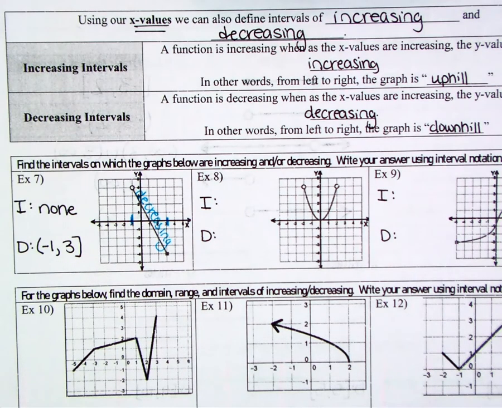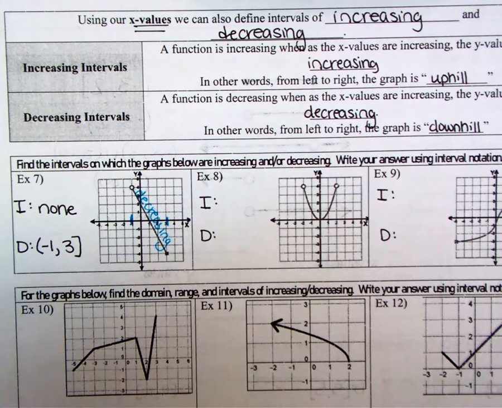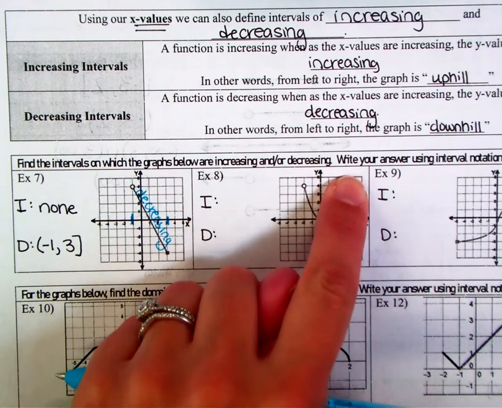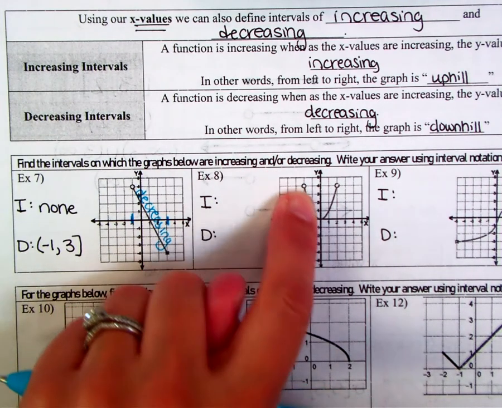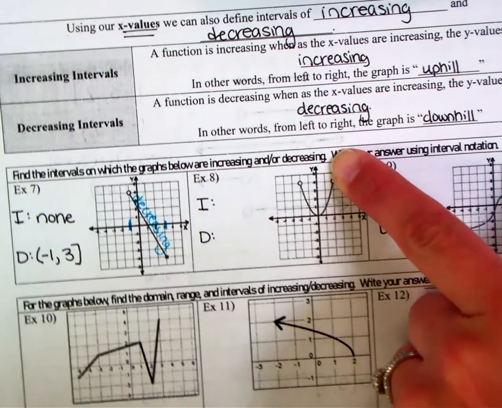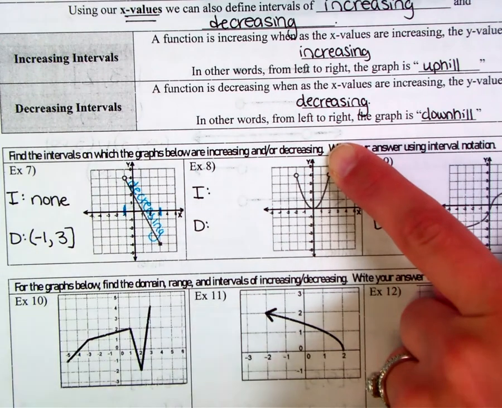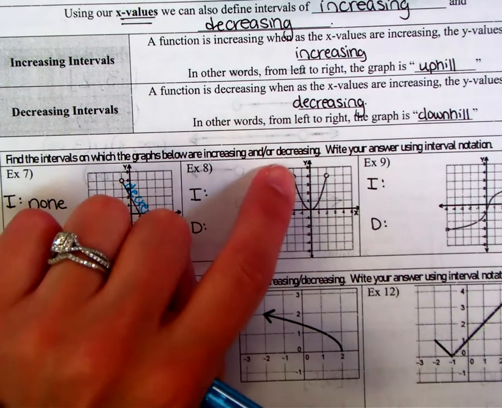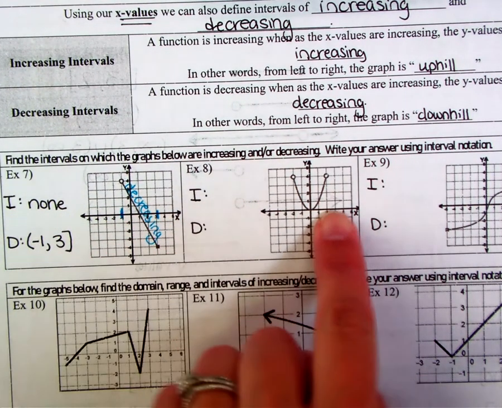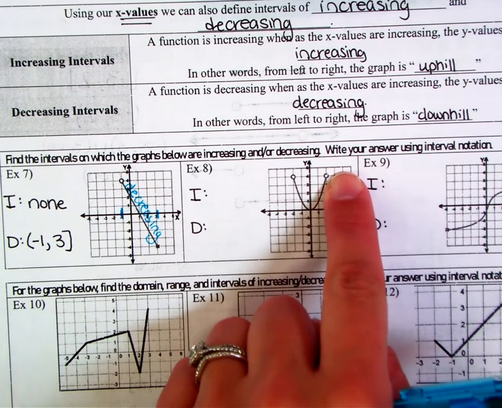So example 8, if I trace it, I make a U. I start out decreasing, going downhill. And then I go increasing. So if you think about a roller coaster, when you're going down it, your stomach kind of drops. When you go back up, your heart is racing and all that stuff because you know that another drop is coming.